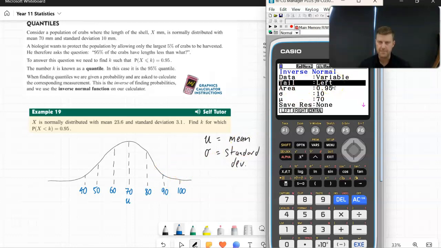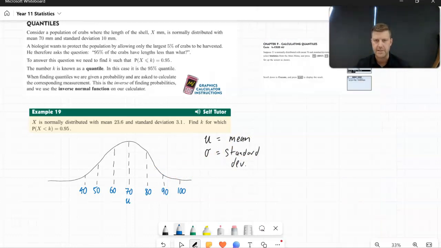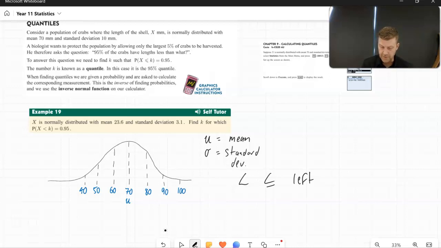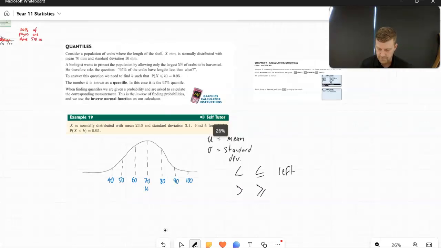Now, I guess what I might show you is a little bit of a cheat here. When we're dealing with quantiles, and you've got a less than or equal to sign, the tail will be on the left. If you're dealing with a greater than or equal to, then the tail will be on the right.